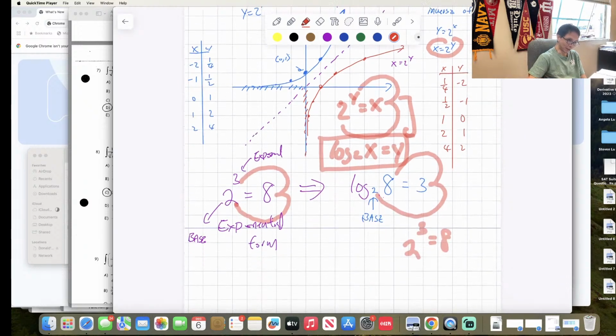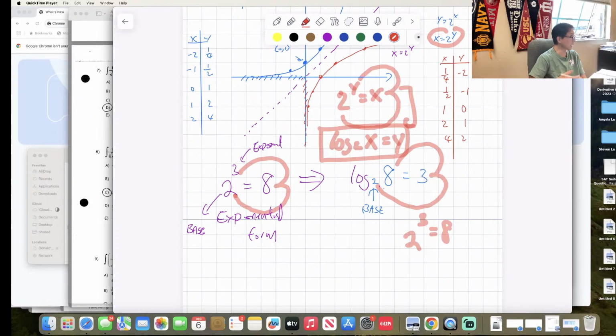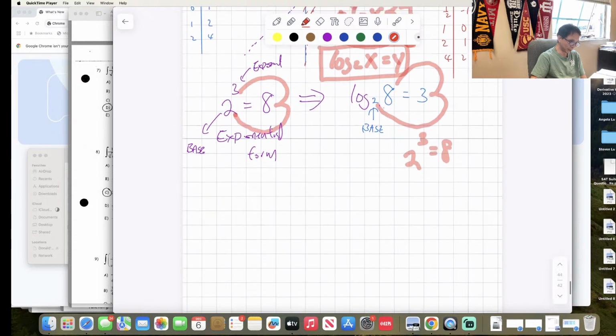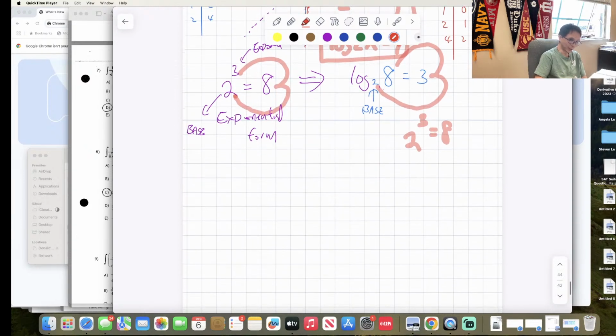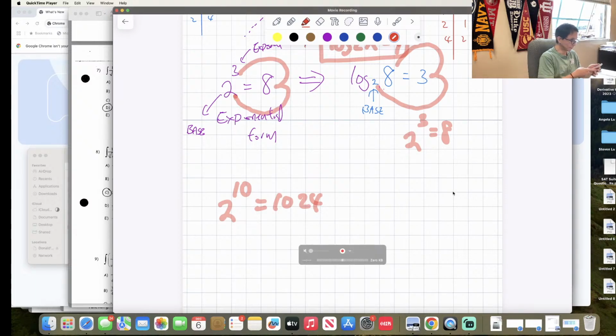And we learned how to change from one format to the other format. Your job is very similar. Let's say, hey, if I have 2 to the, I don't know, 10 power is equal to 1024, can you change this to log format? What will be a log format here?